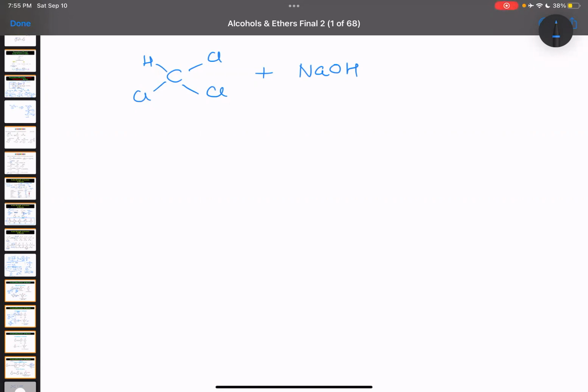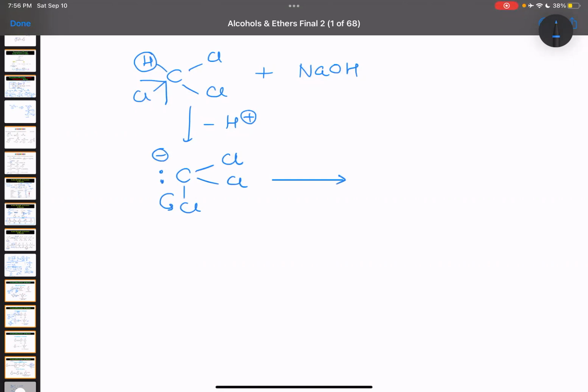The base removes HCl, right? So HCl will be removed, H plus and Cl minus. If H plus is removed, you will have a minus charge left on the chloroform molecule, and Cl minus is removed because the base removes HCl.